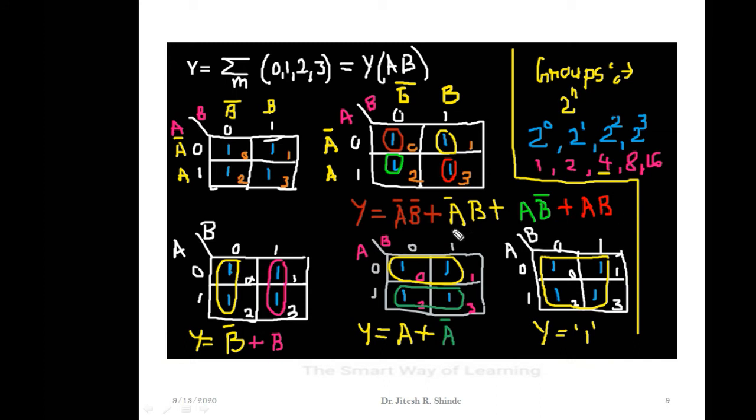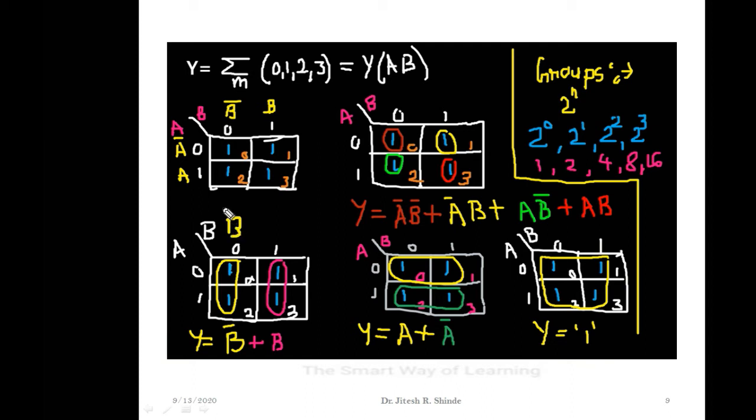Now here I am going with 2 to the power 1 grouping instead of single ones. So here I can form a group, in this way: the first group, and this is my second group. Corresponding to this first group, written in yellow color, row wise this is 0 and this is 1, so nothing is common, but column wise the common term is B bar.